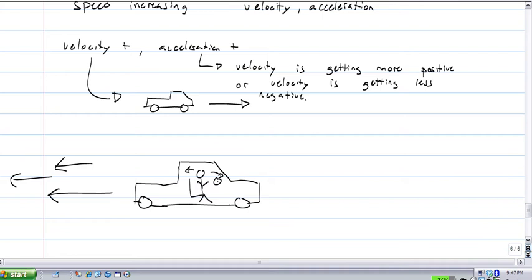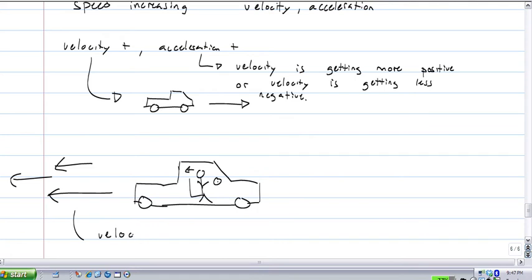You're going to fall into the steering wheel. That's definitely not positive acceleration, because I said positive acceleration is when you're getting thrown into the back of your seat. So in reverse, your velocity is negative, and it's getting more negative.